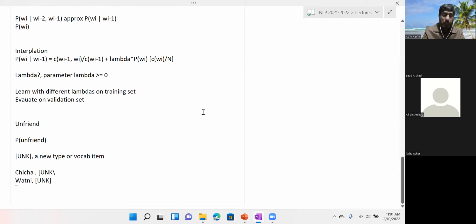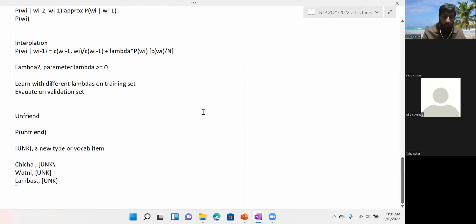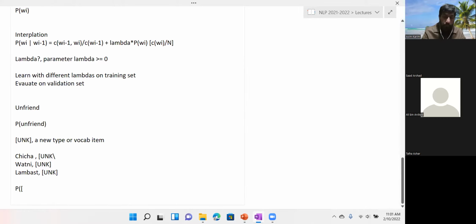And maybe some other less frequent words, let's say lambast, you also made UNK. Now in your training set, these words are not there: lambast is not there, Chicha is not there, Watni is not there. They are all replaced by UNK. So you will now compute the probability using UNK. So you will have this probability now estimated.